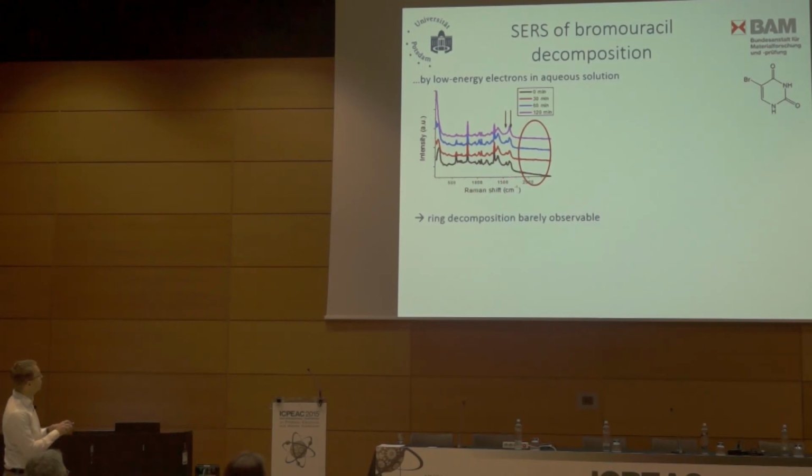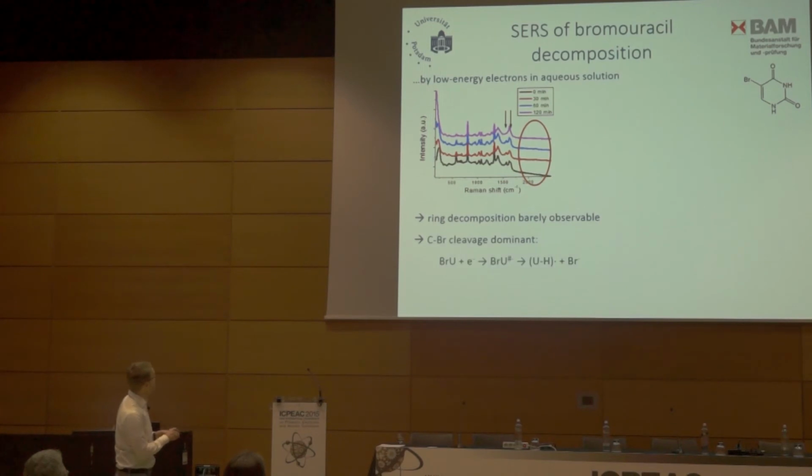Here are two bands that disappear after a long time of irradiation, and these bands are associated with the carbon-bromine bond. This means that upon reaction with the low-energy electrons, the carbon-bromine bond is broken and Br⁻ is formed.